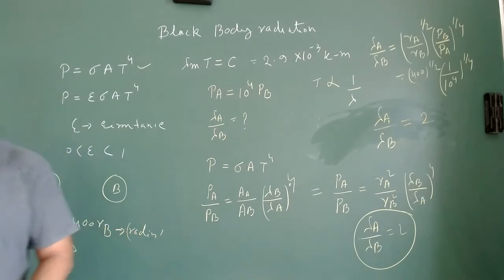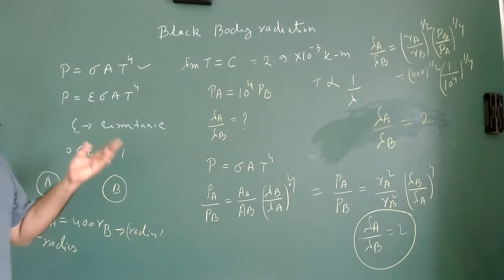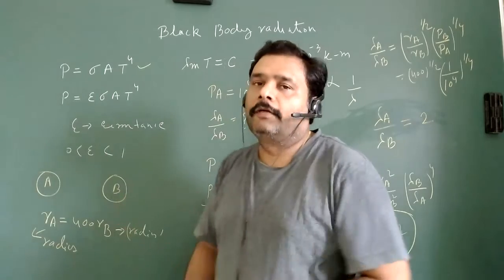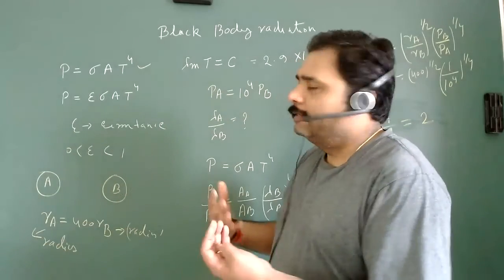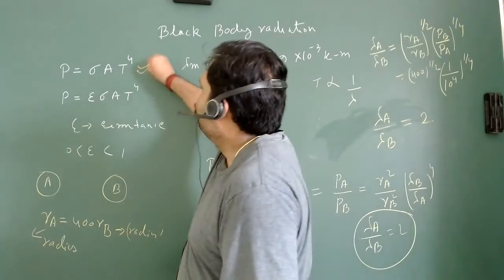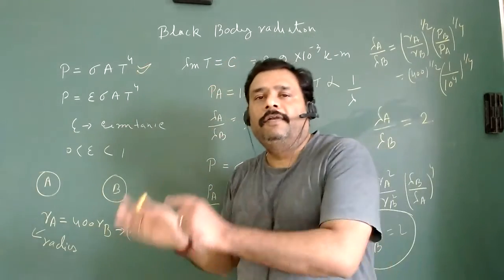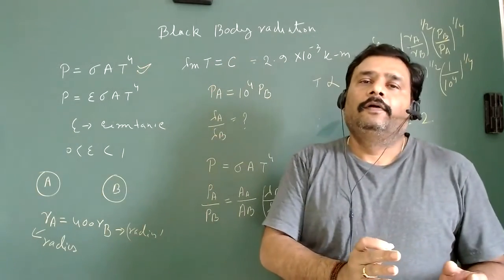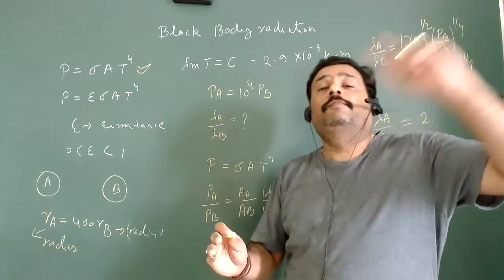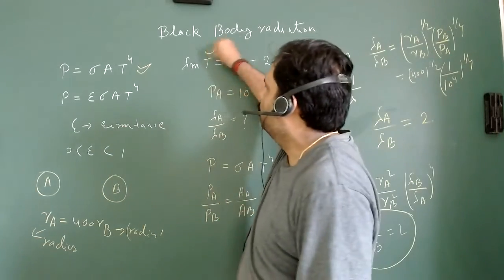This is a very straightforward problem, but we have to always keep in mind where to use which formula. First, it is given for the black body, so we use the power formula. And second, it is given how the wavelength is associated with the temperature, and that wavelength corresponds to maximum intensity, so we use Wien's law.